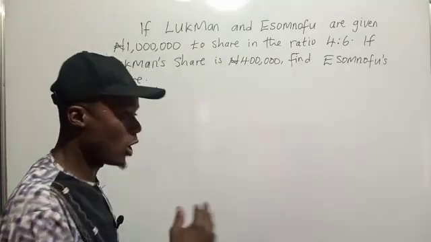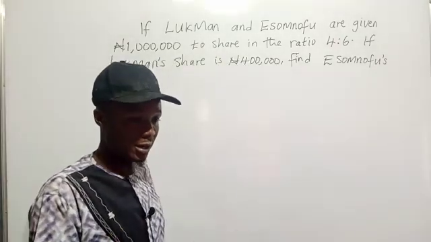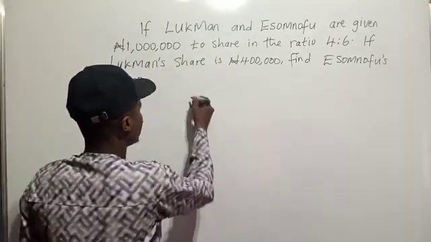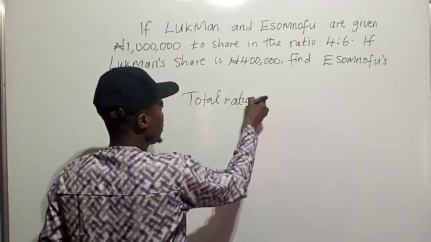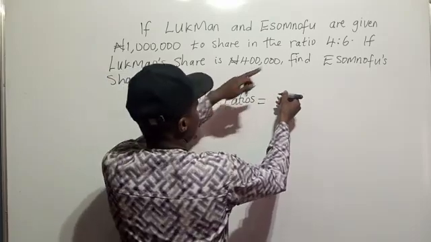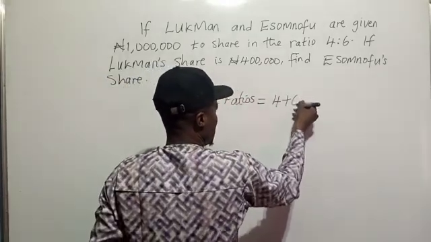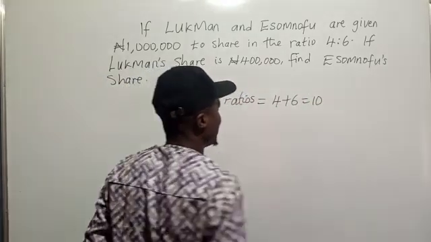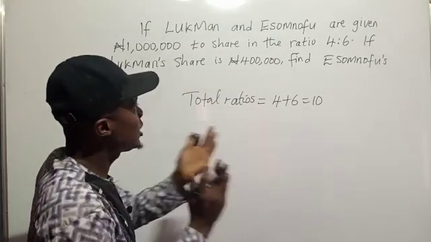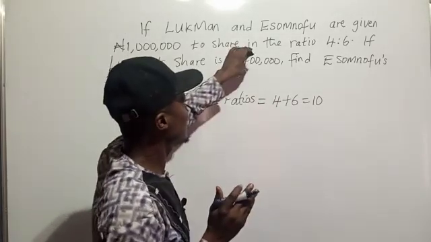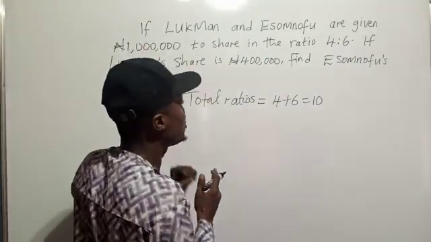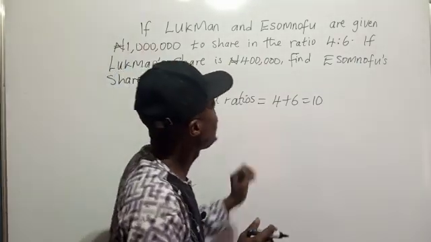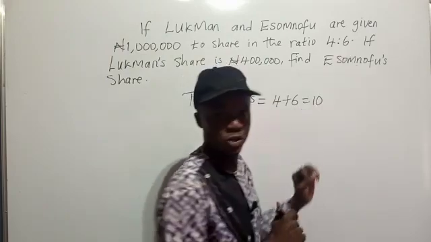Now, the commonest way of solving ratio problems is just to find the total ratios. The total ratios will give us 4 plus 6, which is equivalent to 10. Therefore, you are looking for Esomnof's share. You don't even need Lukman's share to get Esomnof's share, since you are told the total amount of money they are to share. So Esomnof came second, Esomnof will have ratio 6.